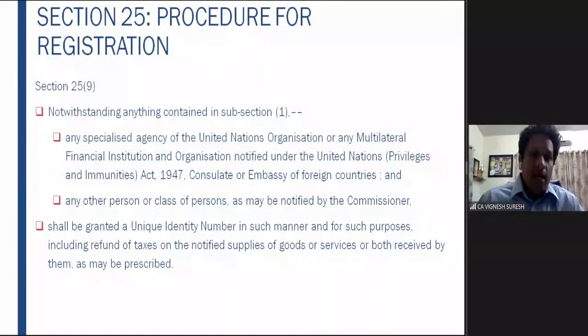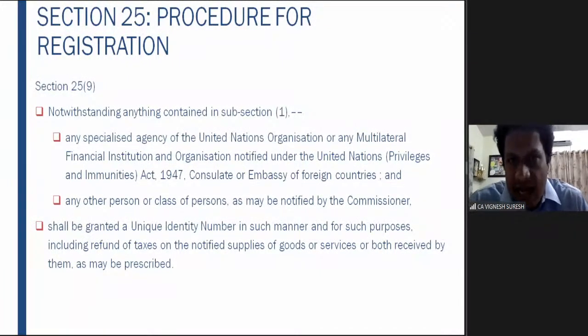25 subsection 9: notwithstanding anything contained in subsection 1, a specialized agency of the United Nations or any consulate or embassy, etc., in such cases, instead of a GST registration number, they will get a unique identity number, which is known as a UIN.